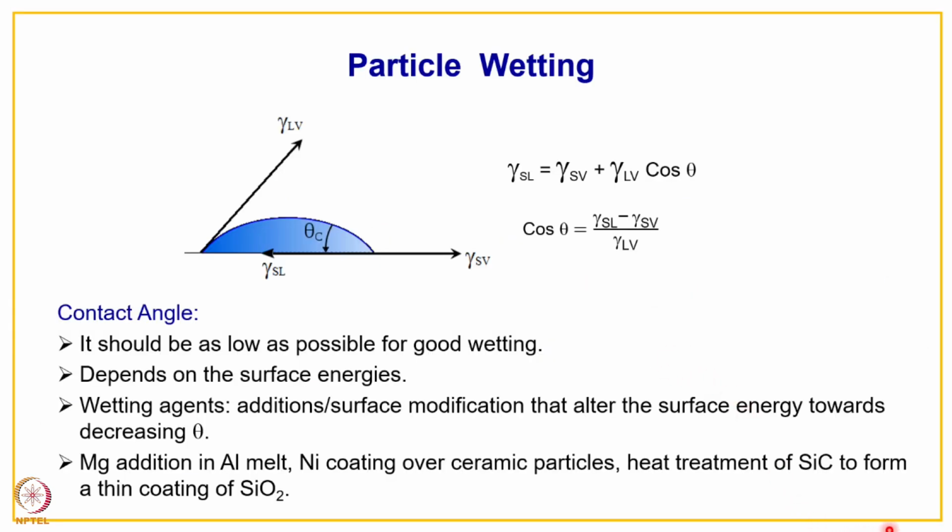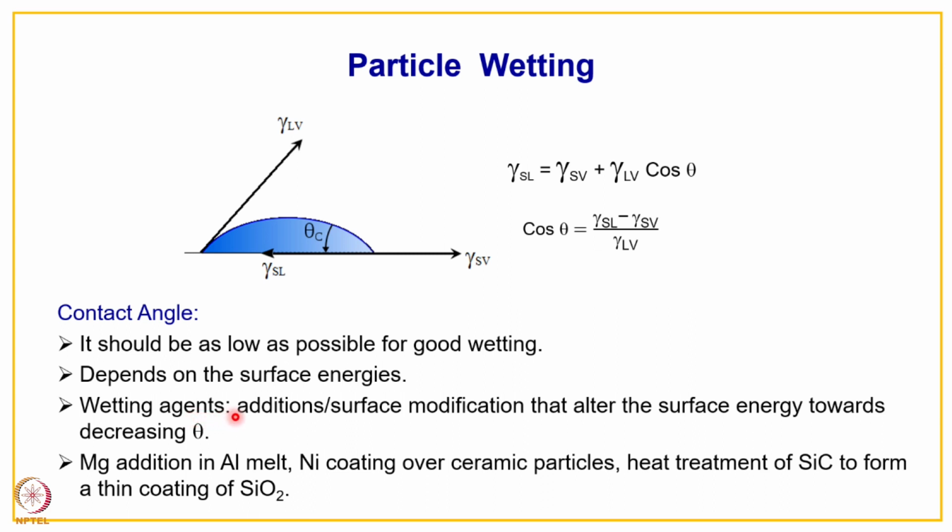This is what we just now discussed. Okay, this contact angle should be as low as possible. And as I said, it depends on the surface energies. So in order to modify the surface or the surface energies, you can add wetting agents.